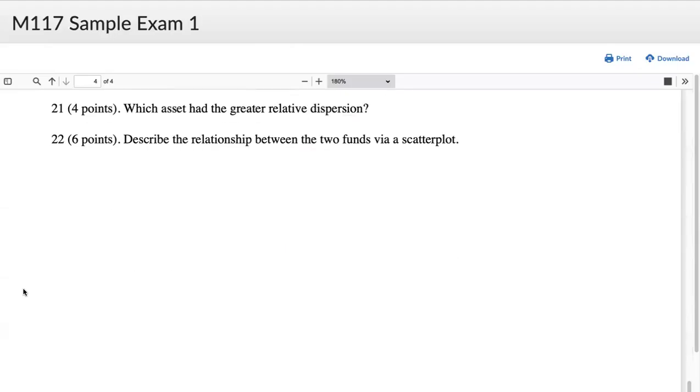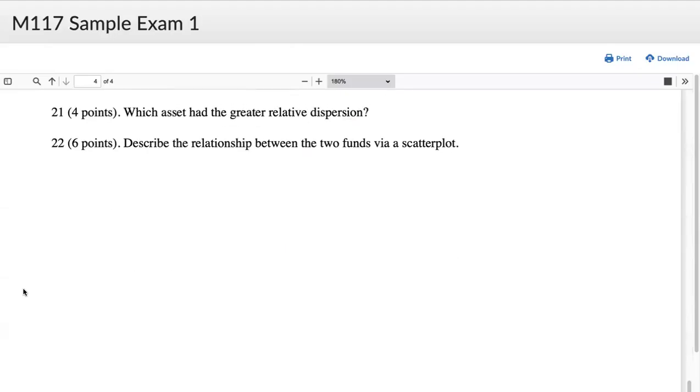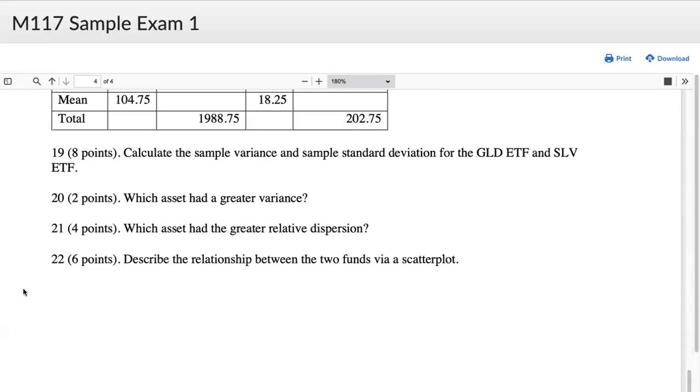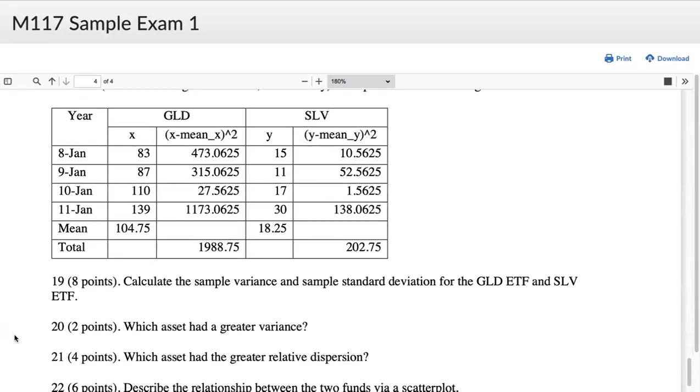Lastly, we want to draw a scatter plot, right? To check the two funds, the gold price and silver price, how they are related. So here we see we have points. We have 83, 15. This is 1 point. So let's graph the scatter plot. The x value goes from 83 up to 139.